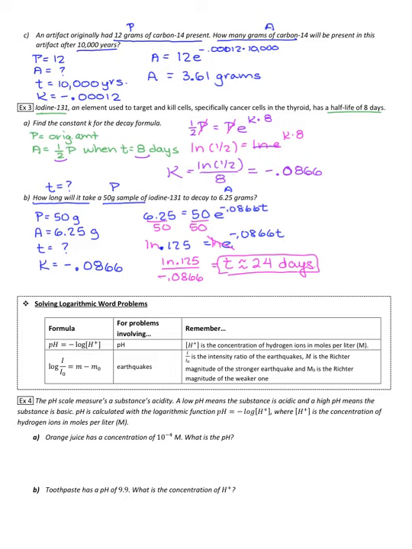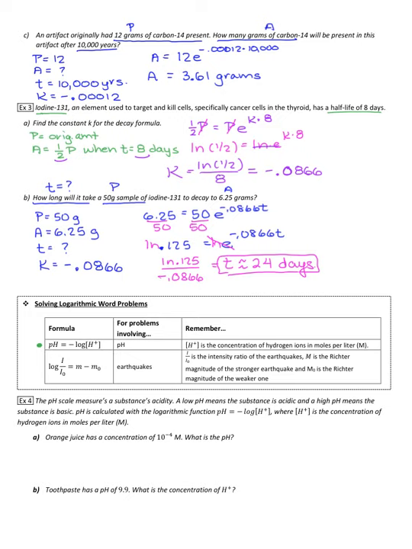All right, we're going to introduce two new formulas here. The first one is more chemistry related, where you're relating pH of something, which kind of measures the acidity of an object, and relates it to the concentration of hydrogen ions in moles per liter. That's your H+.